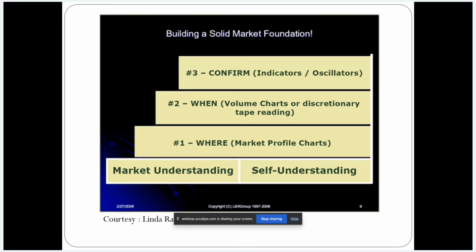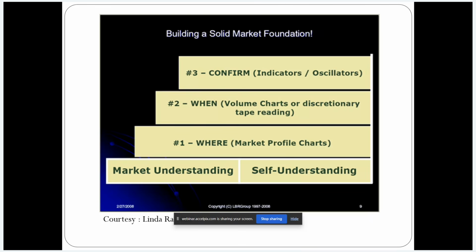This is all theory, and this is from Linda Raschke, one of the brilliant traders and fund managers. I know a lot of people have achieved trading professionalism reading her books. I like this thing. Why do traders fail? Traders fail because they don't have a solid foundation.